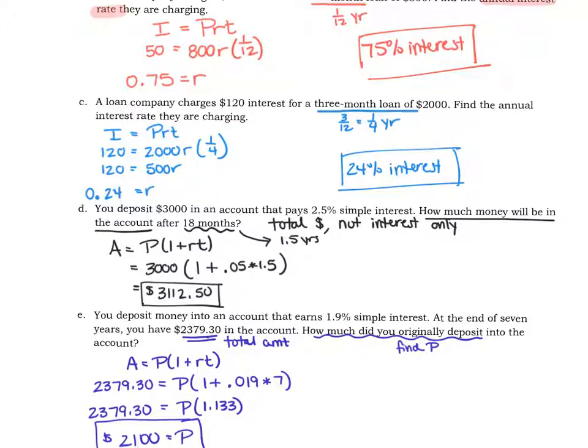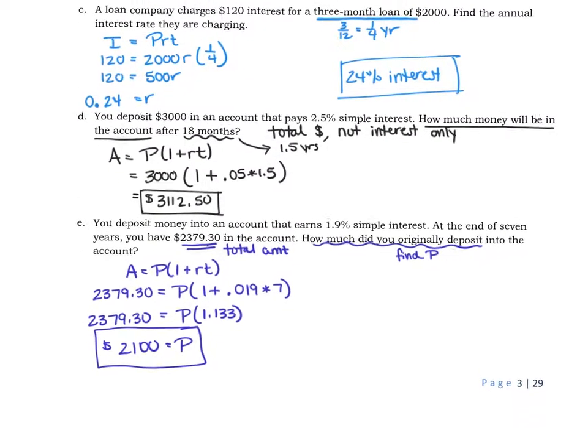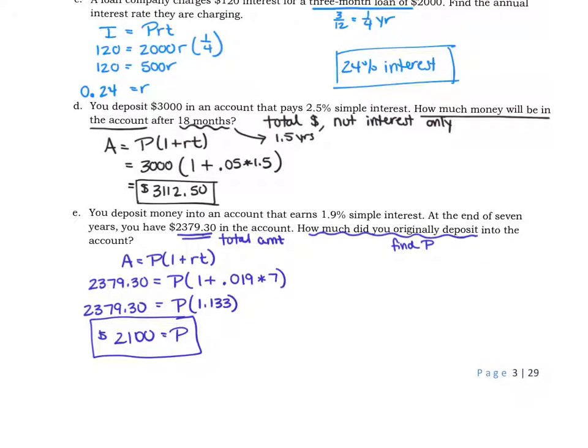For part D, how much money will be in the account after 18 months? So how much money is the total, not just the interest only? So we're going to need to use the other formula. And 18 months is a year and a half. So plugging in the values, we know a starting amount of $3,000, interest rate of 2.5%. Sorry, I did the calculation correctly, but I wrote down the wrong thing.